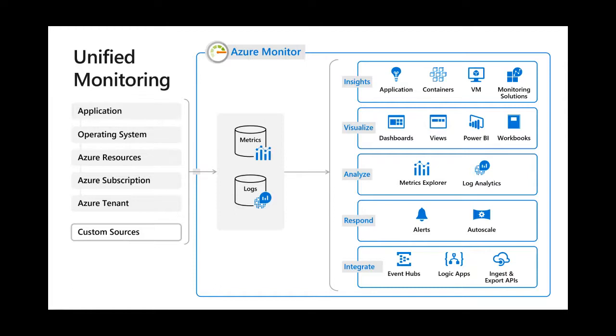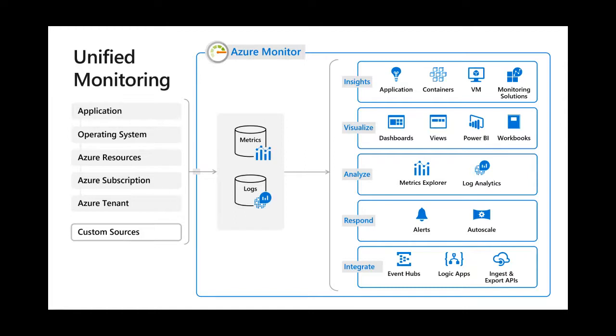For instance, if you have an application running on-premise on a VM and you want to collect the logs from that application, you have that option with Azure Monitor as well.